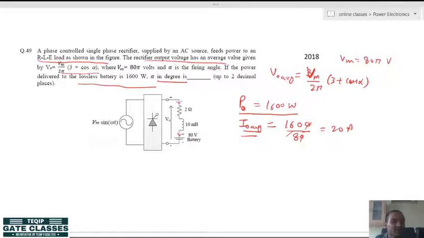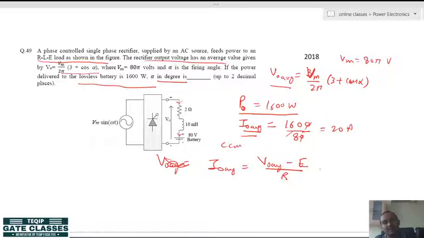So, you have got the I naught average also, and you know that for such a circuit, if the current is flowing continuously, that is CCM mode, for such a rectifier, I naught average is basically V naught average minus E divided by R. It is as simple as that.